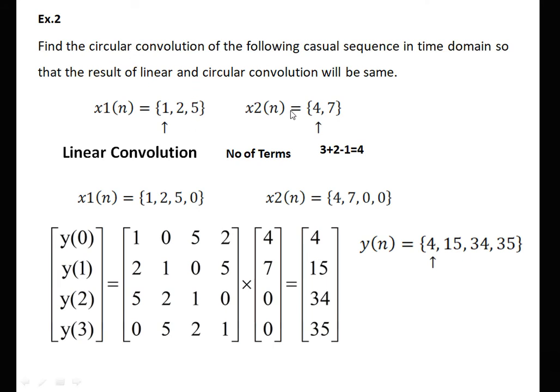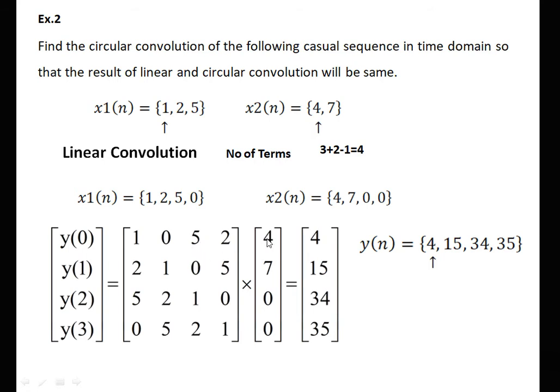Now see the second example. x1 is 1, 2, 5 and x2 is 4, 7. We need to obtain the linear convolution through circular convolution. In linear convolution, the number of terms is 3 plus 2 minus 1, equal to 4. To get the result through circular convolution, we need to make the signal length 4. Therefore, we add one 0 here, and in this signal we add 2 zeros. So x1 of n is 1, 2, 5, 0 and x2 of n is 4, 7, 0, 0.